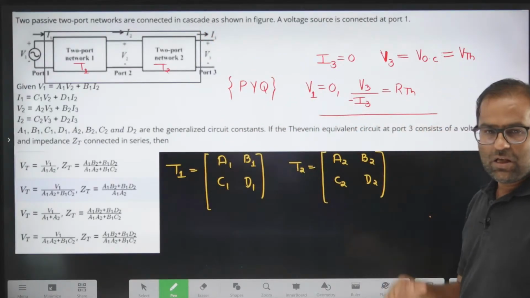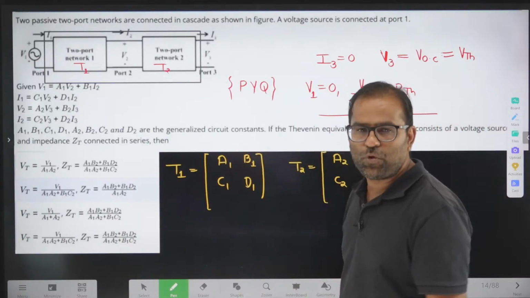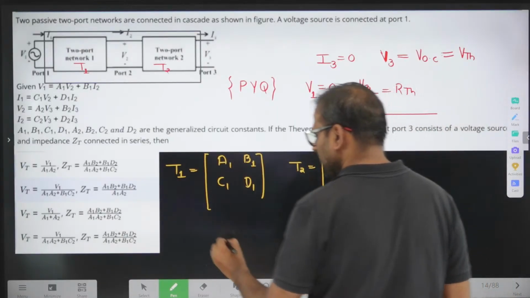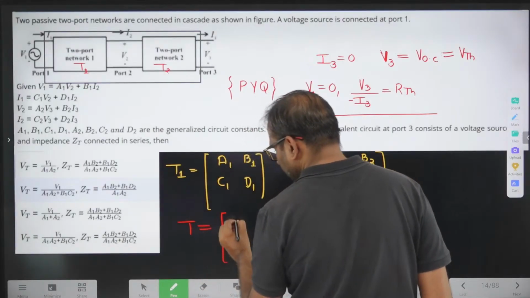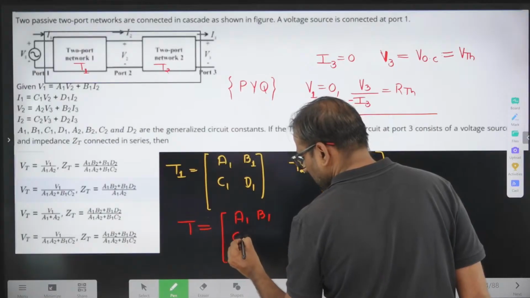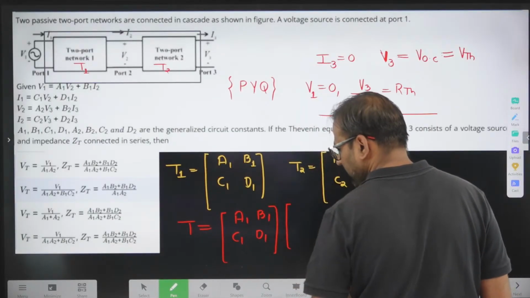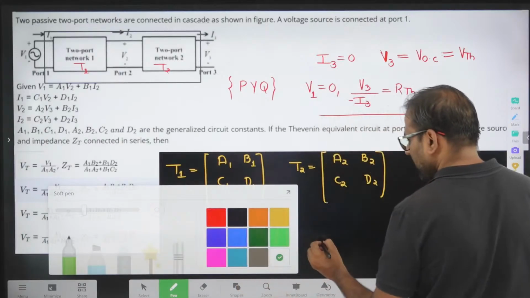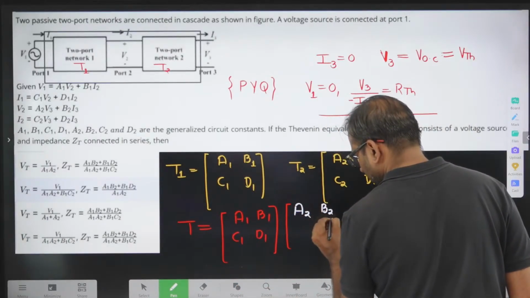This idea you can apply with the equivalent two-port network. The equivalent two-port network T is given by the multiplication of A1 B1 C1 D1, multiplied by A2 B2 C2 and D2.